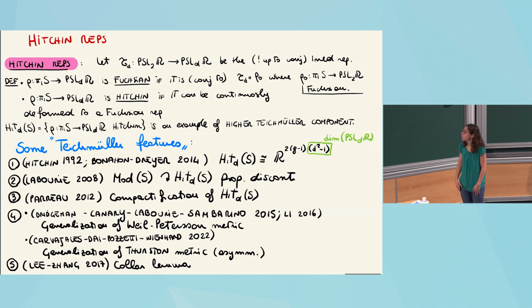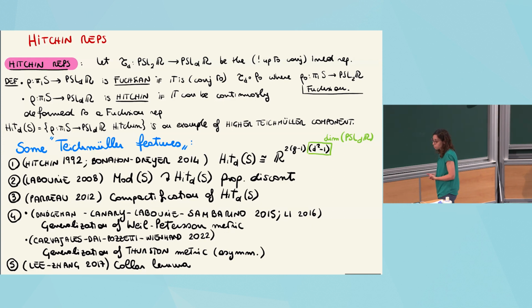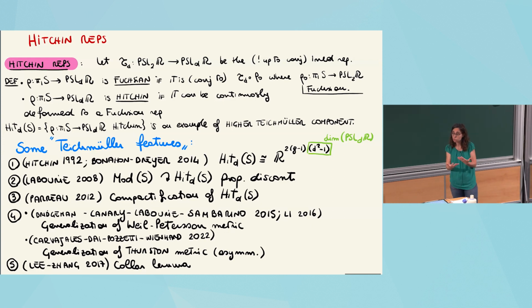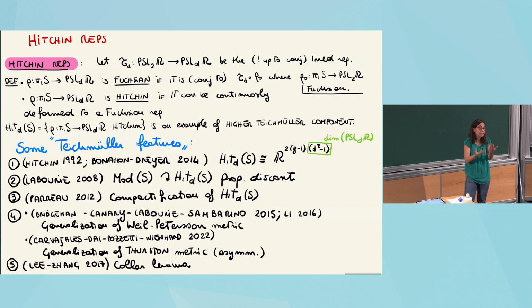And then Li and Zhang have the collar lemma in that setting. So in some sense, we have this nice set of representations. They are a connected component of all discrete and faithful ones, and they have some nice properties.